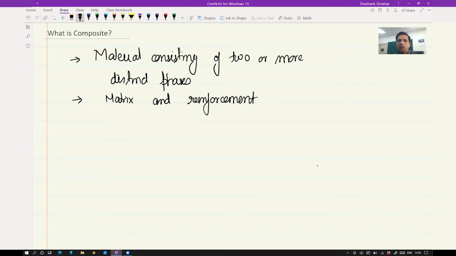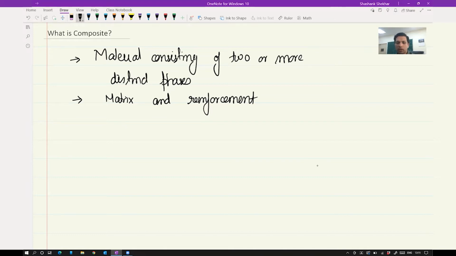Now, when we are saying two or more distinct phases, one question is, can we also call aluminum alloys, where a precipitate is a distinct phase, a composite? And the answer is no. Like I said, one of the primary motivations of composites is to improve mechanical properties, and one of the properties that changes distinctly is elastic modulus.